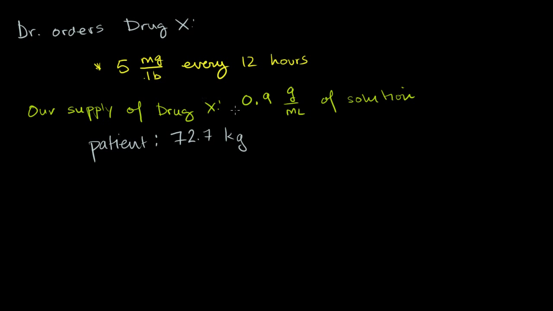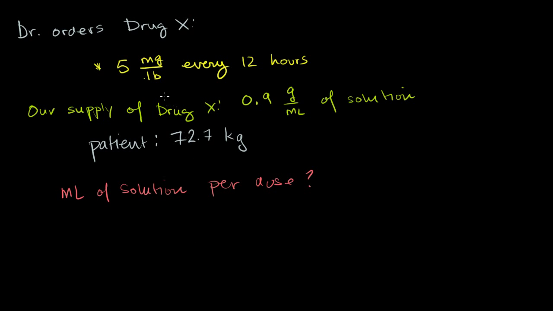We have to figure out the dosage in terms of milliliters. The question is, how many milliliters of solution do we have to give to the patient per dose? So milliliters of solution per dose. That's our question.